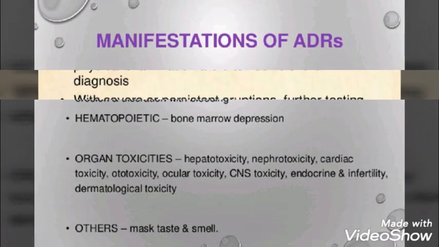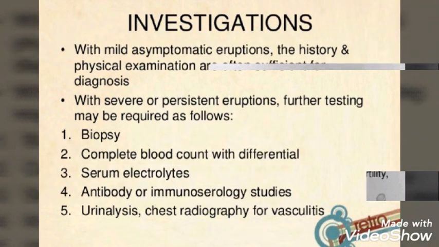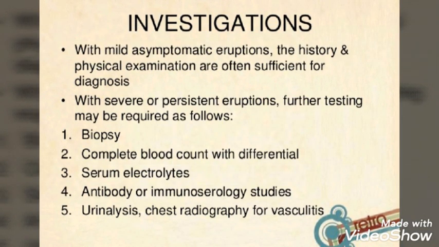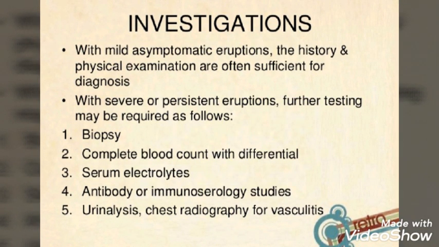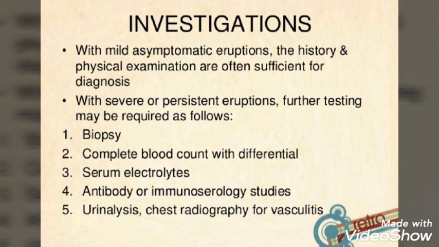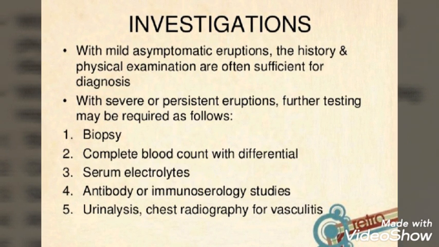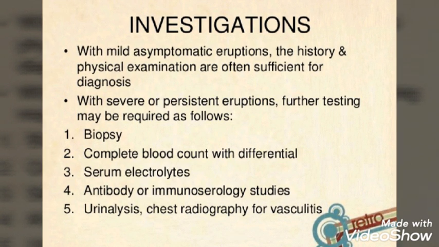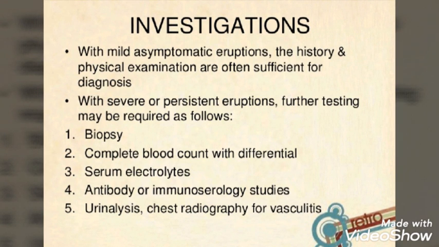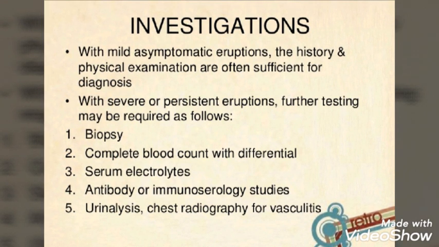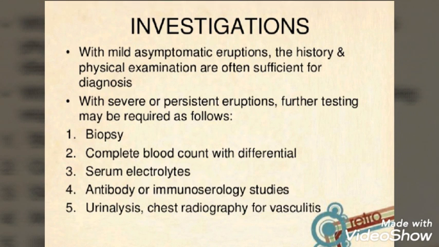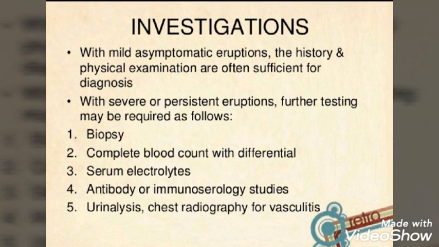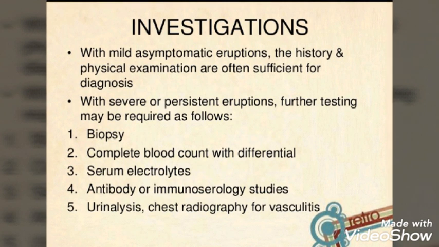Then there are certain investigations you are going to do with the patient. The first and foremost is history collection and physical examination. You take a detailed history of the patient to know the reason for side effects and drug reactions. Then physical examination to notice the signs and symptoms. Then you can go for biopsy, complete blood count with differential, serum electrolytes, antibody or immunoserology studies, urine analysis, and chest radiography for vasculitis.